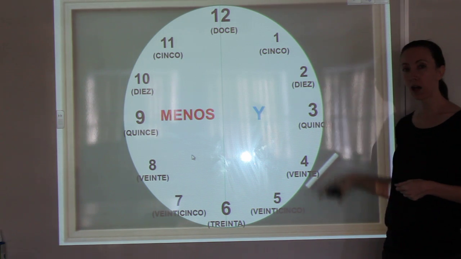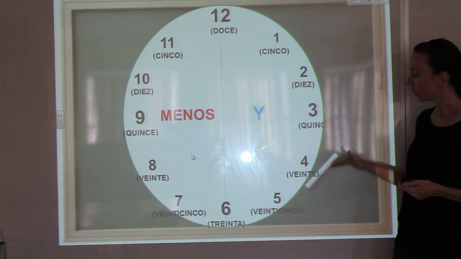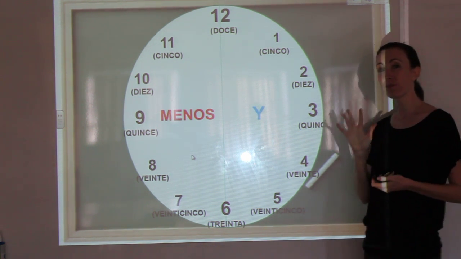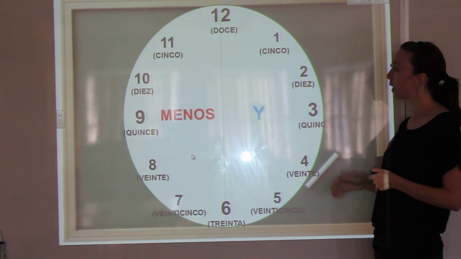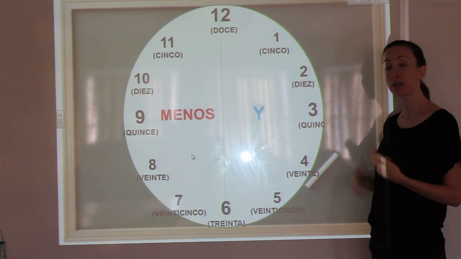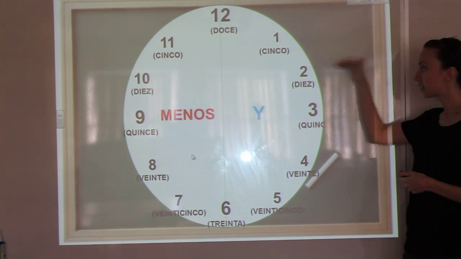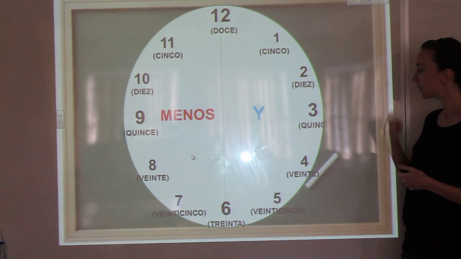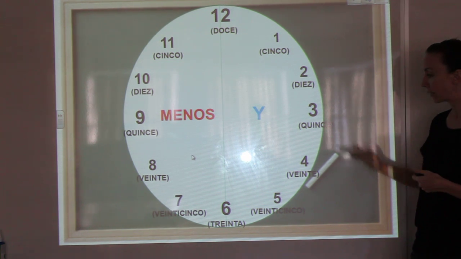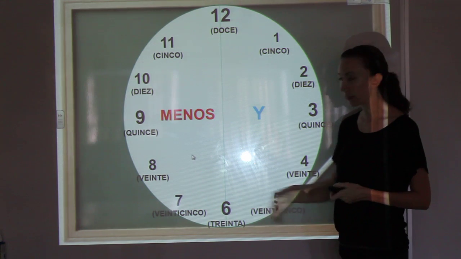So if I look at my clock, what I need to remember is each number on my clock really represents a 5-minute increment. Okay? So if I have the large hand pointing to my 1, it's really representing 5 minutos. 10 minutos, 15 minutos, 20 minutos, 25 minutos, y 30 minutos.